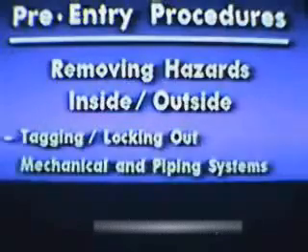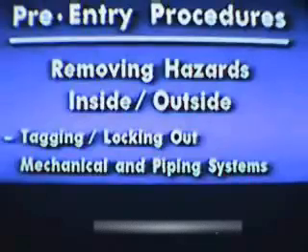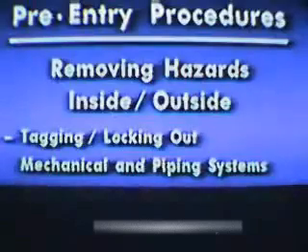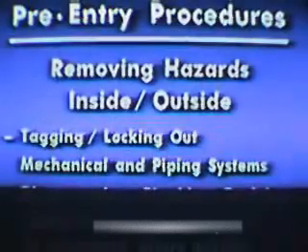Pre-entry procedures begin by removing hazards inside and outside the space. This would include some things we've already covered, such as tagging and locking out mechanical and piping systems, or where necessary, physically disconnecting, blanking, or draining the systems. Electrical conductors or circuits should also be de-energized where possible.